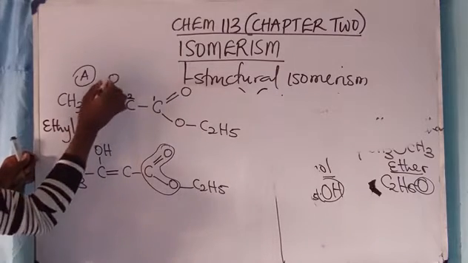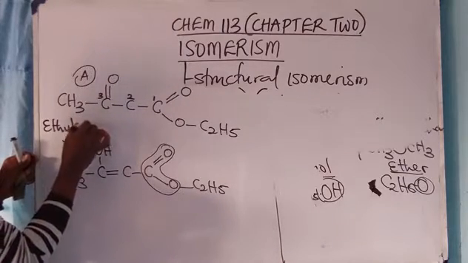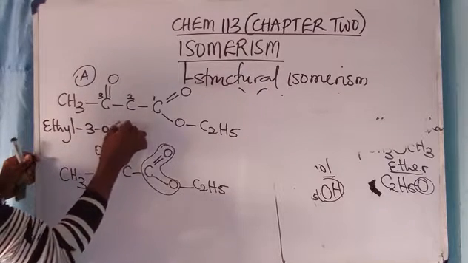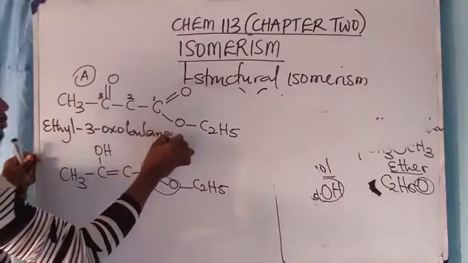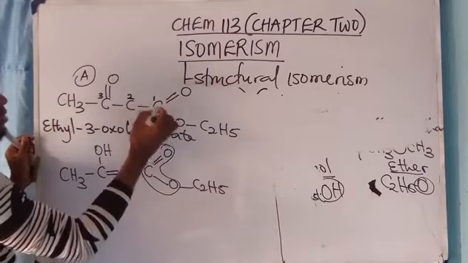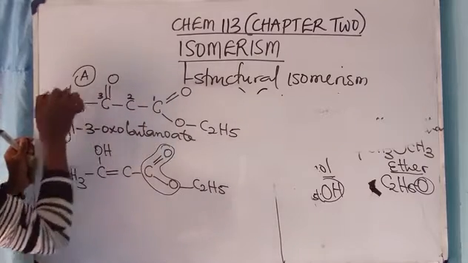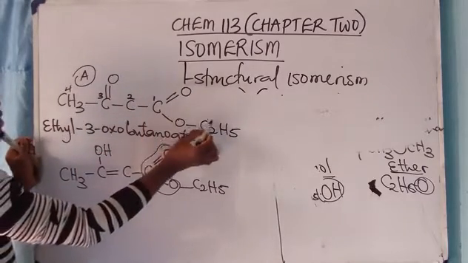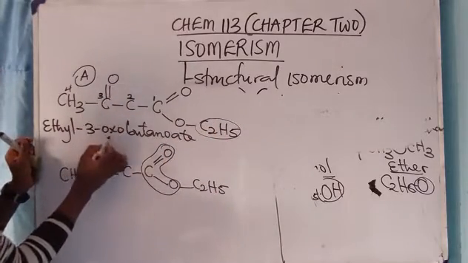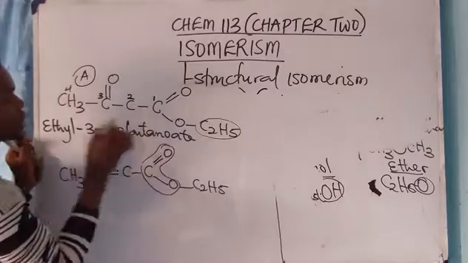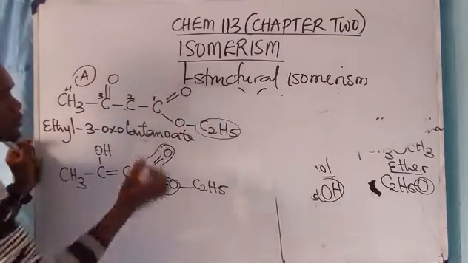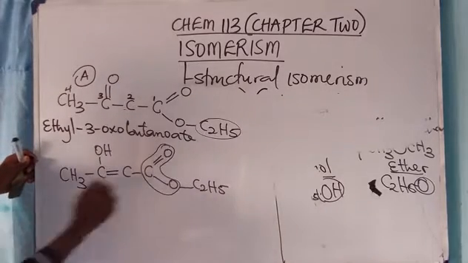Now, this also, because of this O, becomes 3 also, butanoate. Look at it. That is 1, 2, 3, 4. Ethyl, that is ethyl. 3 also, it is butanoate because of 1, 2, 3, 4, because of this ester functional group. Now the same thing is applied here. This ethyl.